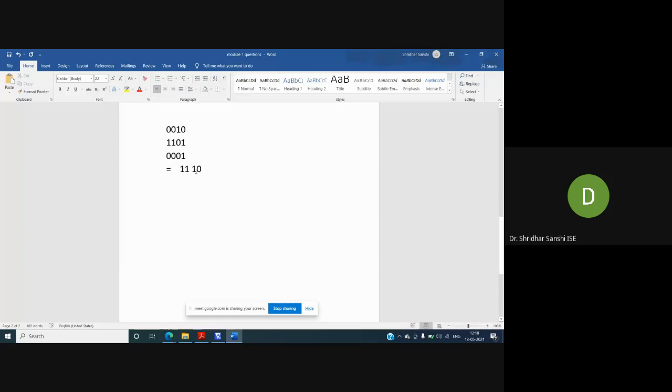So 14 means what? 10 means A, 11 means B, 12 means C, 13 means D, 14 means E, and 15 means F. So the value will be 14, which means E. Correct?